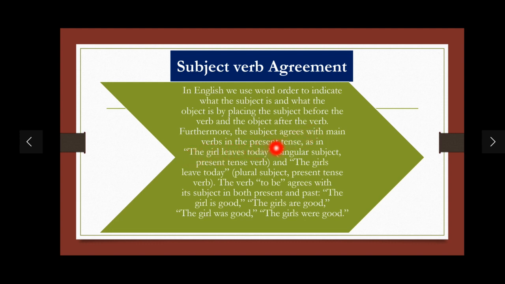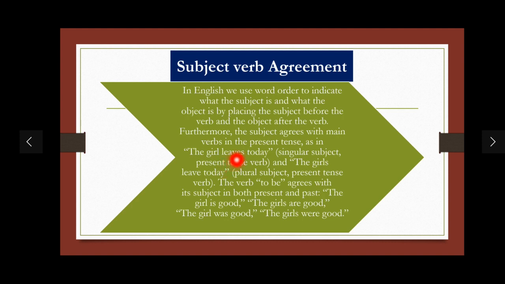Furthermore, the subject agrees with the main verb in the present tense, as in: the girl leaves today. So here you can see that the girl is a singular subject, and here I use leaves. The verb is also a singular one.